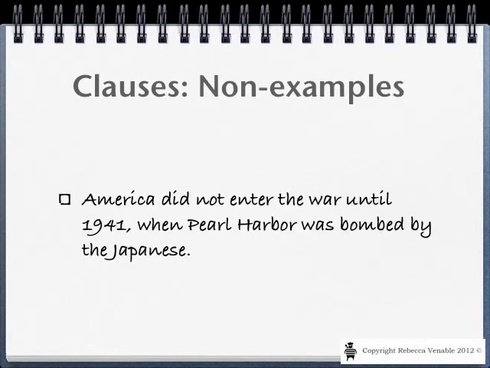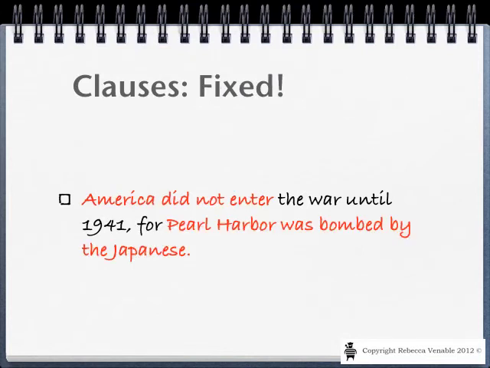Let's look at a little more difficult one. America did not enter the war until 1941 when Pearl Harbor was bombed by the Japanese. Now here, our dependent clause at the beginning is falling into the active voice, but our second clause is in passive. So we can go ahead and see how we can change that because our teachers like to see passive voice gone.